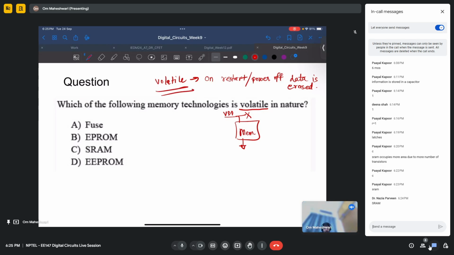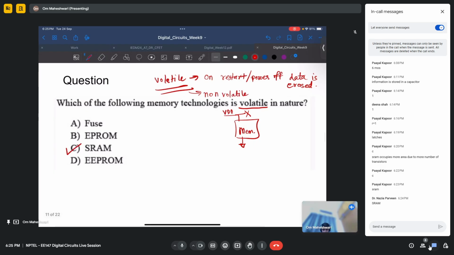The other term will be, if it is not erased, that means it is non-volatile. So here SRAM is the volatile memory. When there is no power, the data in SRAM is generally erased.